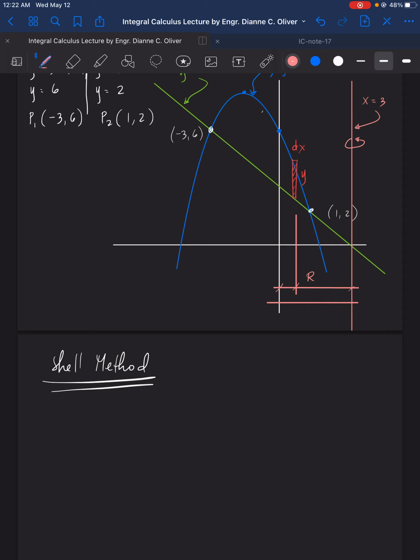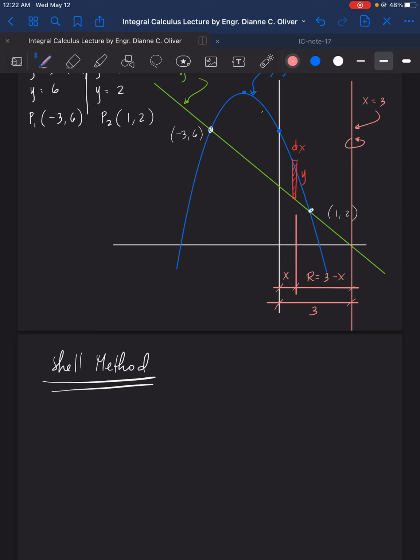Now, this is the total 3, from the origin up to the location of the area strip, that is x. Therefore, the radius is 3 minus x, and not just x only.